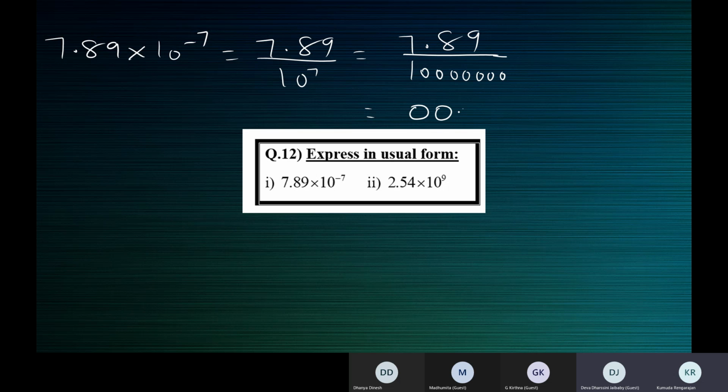Just add the zeros first. How many zeros are there in the denominator? 7. Just add the 7 zeros, then write 7.89. You can invent your own ways.